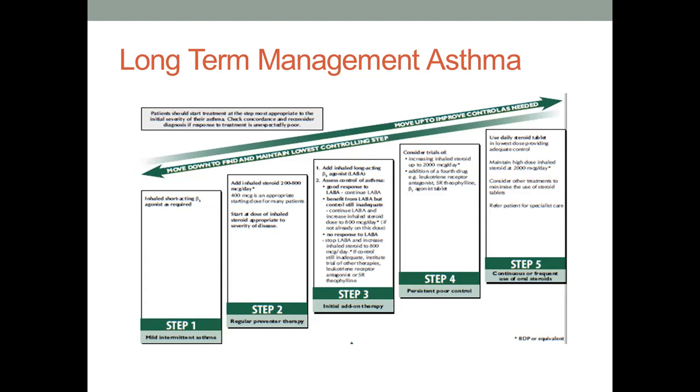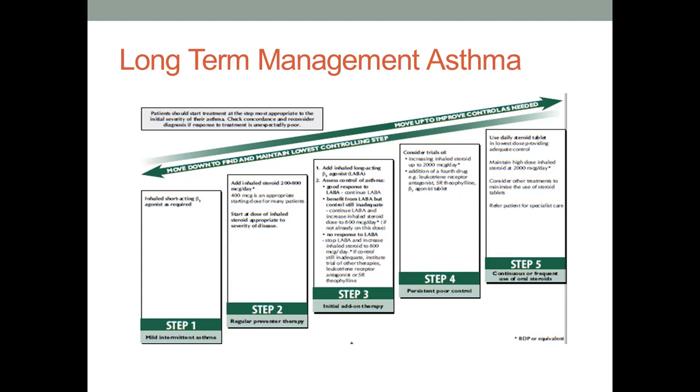Steps 1 to 5. In step 1, only a short-acting beta agonist is used, while in step 2, continuous low-dose inhaled corticosteroid is given and short-acting beta agonists are given on a need basis.